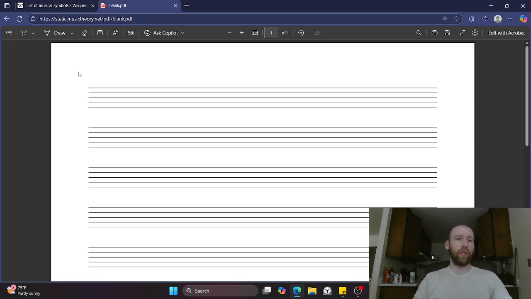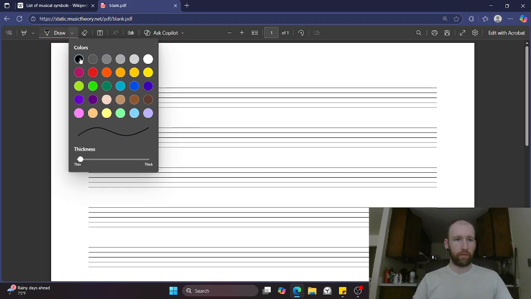Hopefully what I display to you here will be completely translatable to both tabs and sheet music. So let me just start with adding some elements.